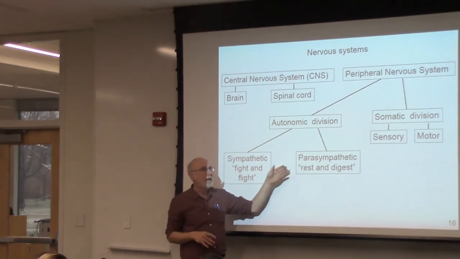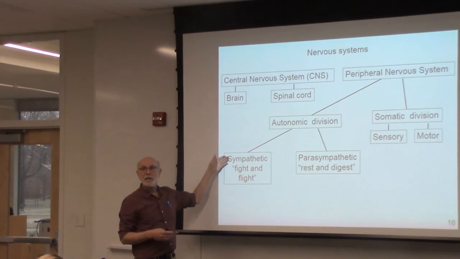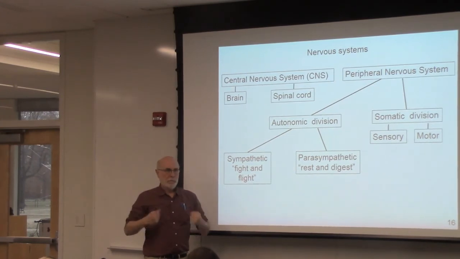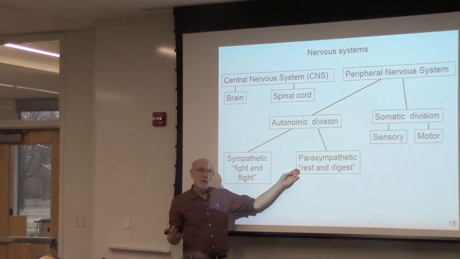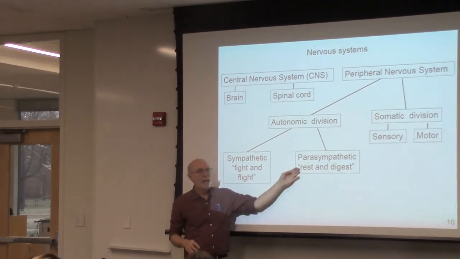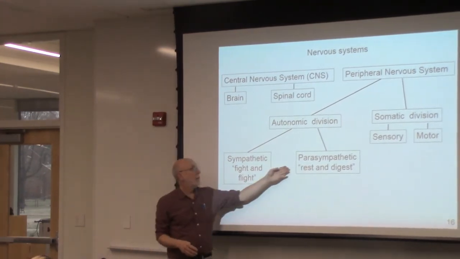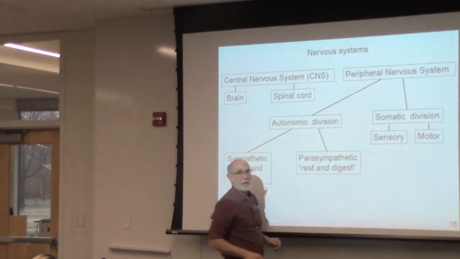Those of you who have taken AMP 2 have already heard a lot of this. The sympathetic nervous system is the fight, flight, arousal, active nervous system. And the parasympathetic nervous system is just as important for resting and digesting. So sympathetic is fight and flight, parasympathetic is rest and digest. Branches of the autonomic division.